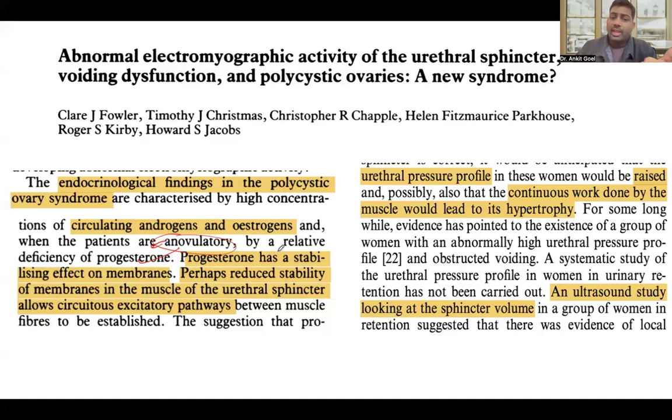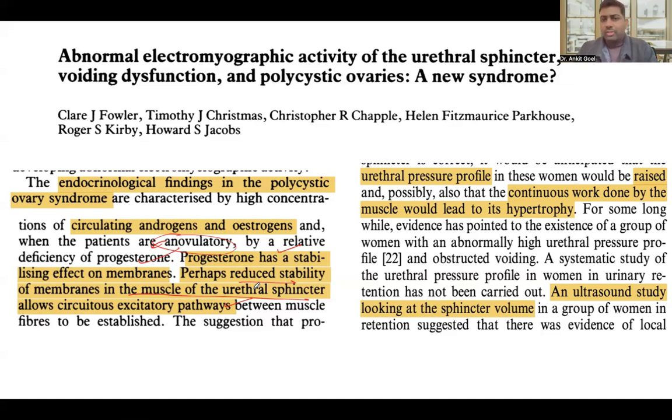Now, progesterone normally has an effect on the stabilization of membranes in general. So when the progesterone level is low, the reduced progesterone leads to reduced stability of the membranes, and this also affects the urethral sphincter. The membranes in the muscle of the urethral sphincter lose their stability and have abnormal electrical activities. It is this abnormal electrical activity which is responsible for the contraction of the sphincter, and this causes reflex inhibition of the detrusor contraction.